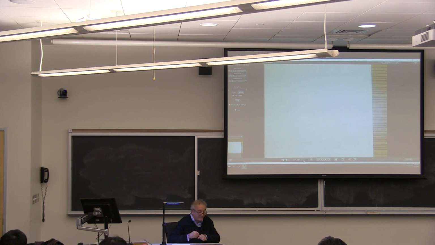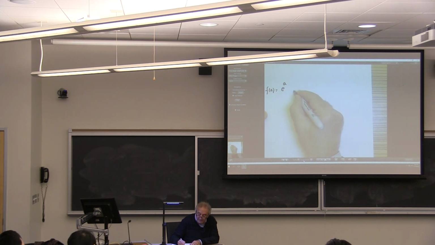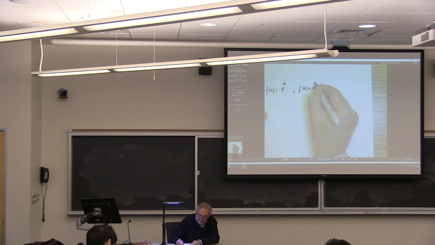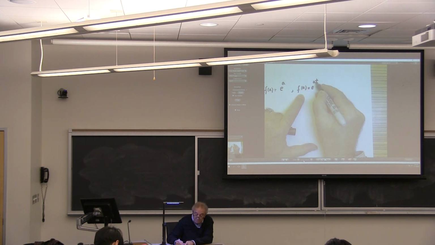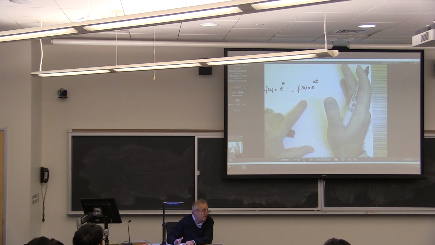What is a function of a matrix? Let's say, for example, I have something like e to the power a. This is called a function of a scalar. You're all familiar with it, right? If I write f of a, but put also e to the power at, I can call this a function of a parameter a rather than t, because t you can consider as a dummy variable.